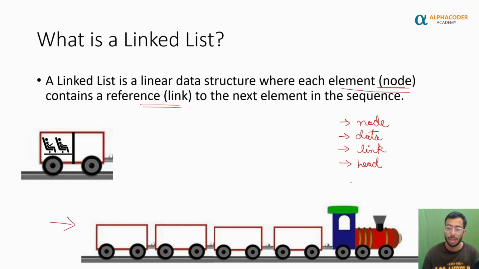Some books and articles also mention the tail as well, so we'll cover that aspect too. These are the five terms that we need to understand and see what exactly they mean in a linked list.